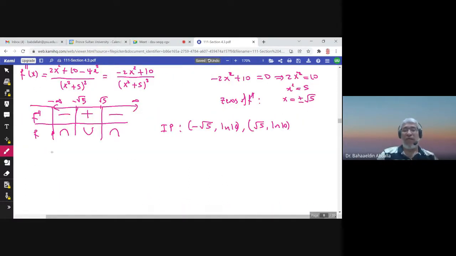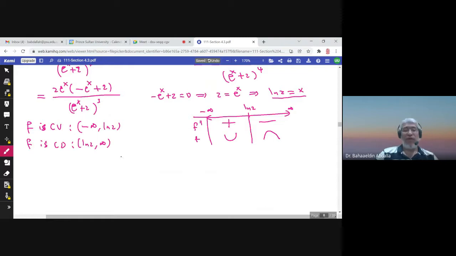We should have also right here concave up and concave down, where it's concave up from negative square root of 5 to square root of 5, and it's concave down from negative infinity to negative square root of 5, union square root of 5 to infinity.